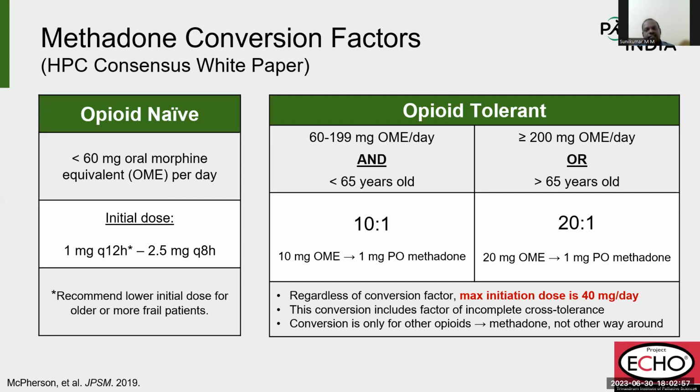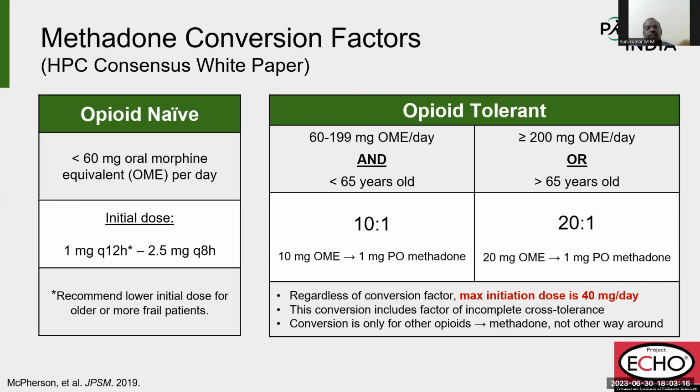If the patient is taking 60 to 199 milligram of oral morphine, and is less than 65 years old, the conversion ratio is 10:1.